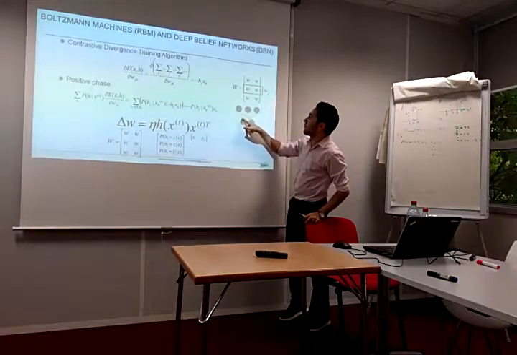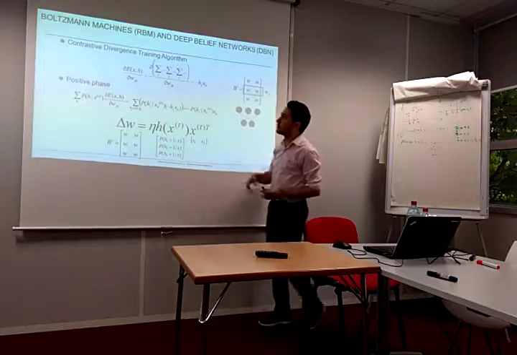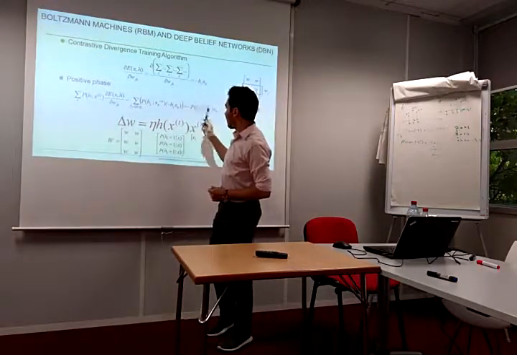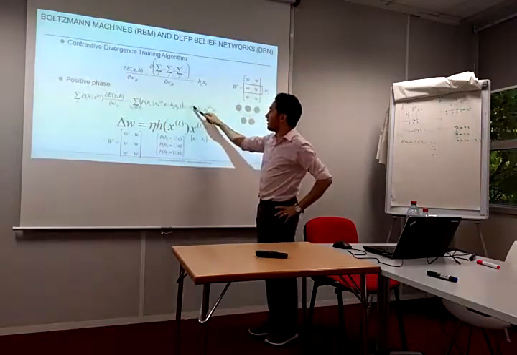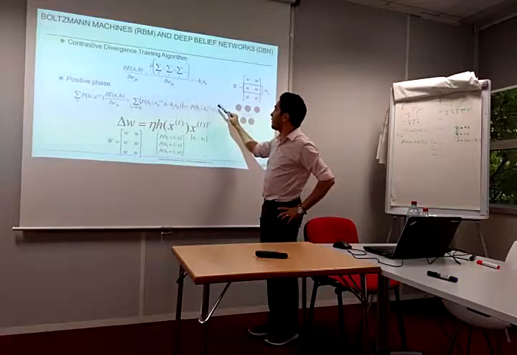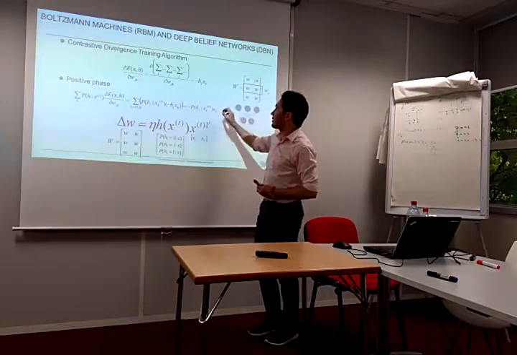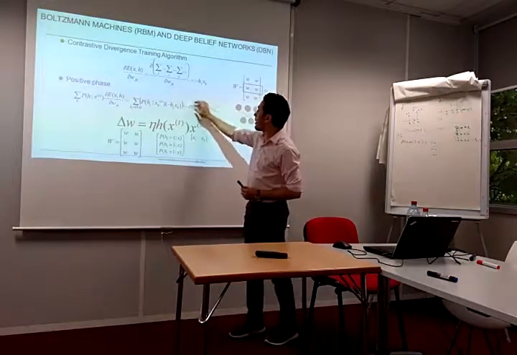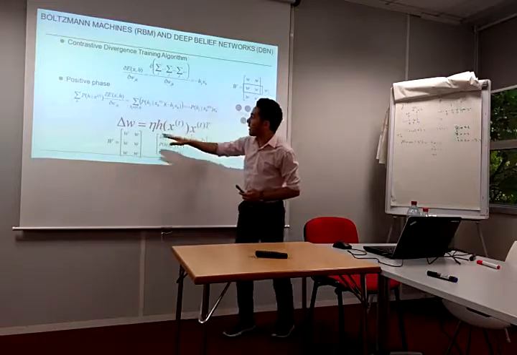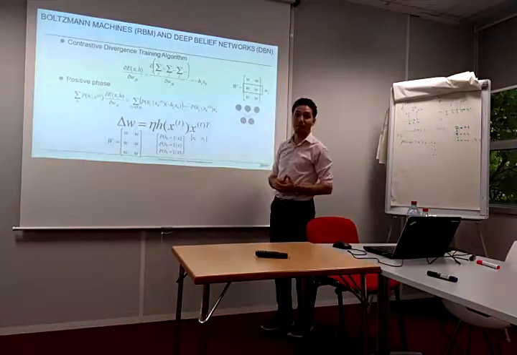It is this weight. So j is equal to 1 and k is equal to 1. The positive phase is saying minus p h1 given x1 multiplied by x1, and this is the term for the positive phase. If we vectorize it for all the neurons, we can update all the weights using this vectorized format. Okay?